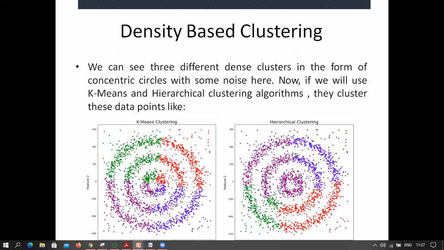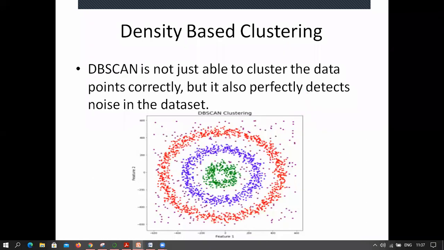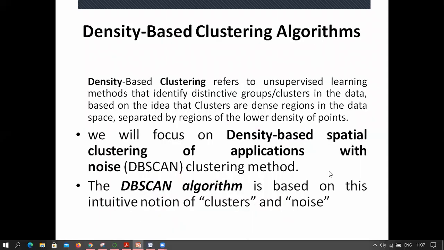Here you can see that, right? So under density based clustering, the algorithm we will be using is called DBSCAN. DBSCAN is not just able to cluster the data points correctly, but it also perfectly detects outliers in your data set. You can see that from this picture, right?